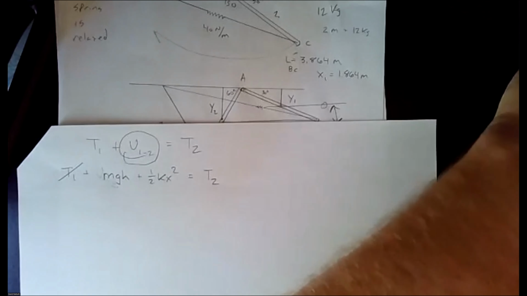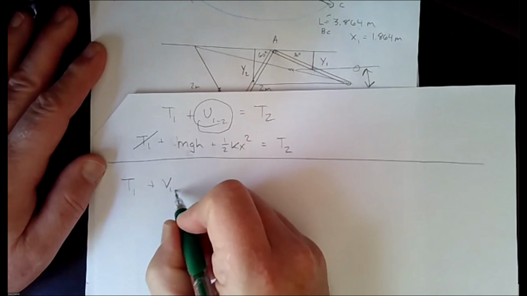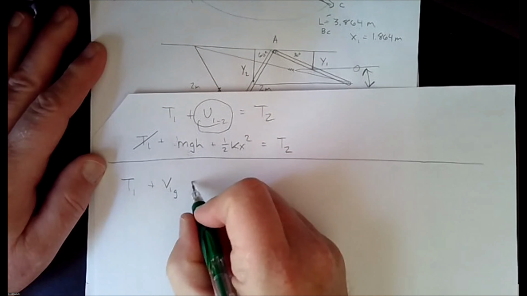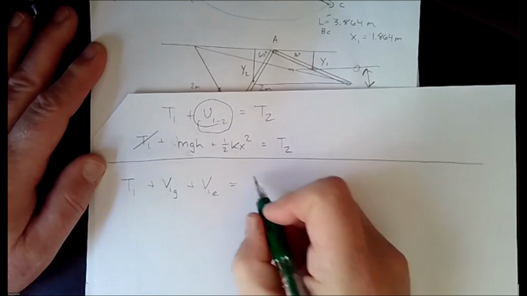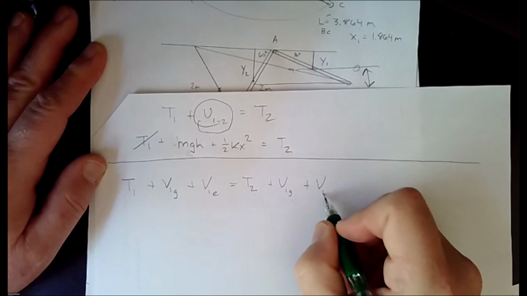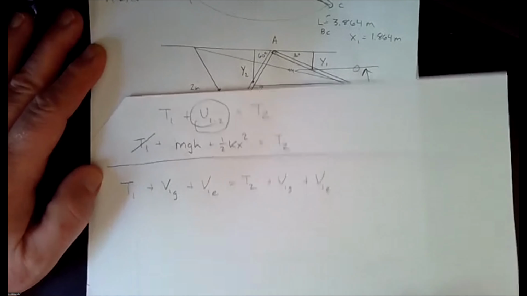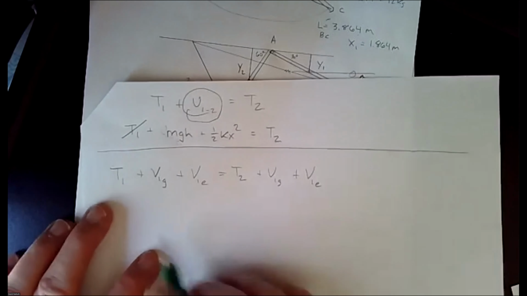So T1 plus V1G plus V1E equals T2 plus V2G plus V2E. That's your generic overall equation, because the only thing we have is we know the initial velocity is 0, right?